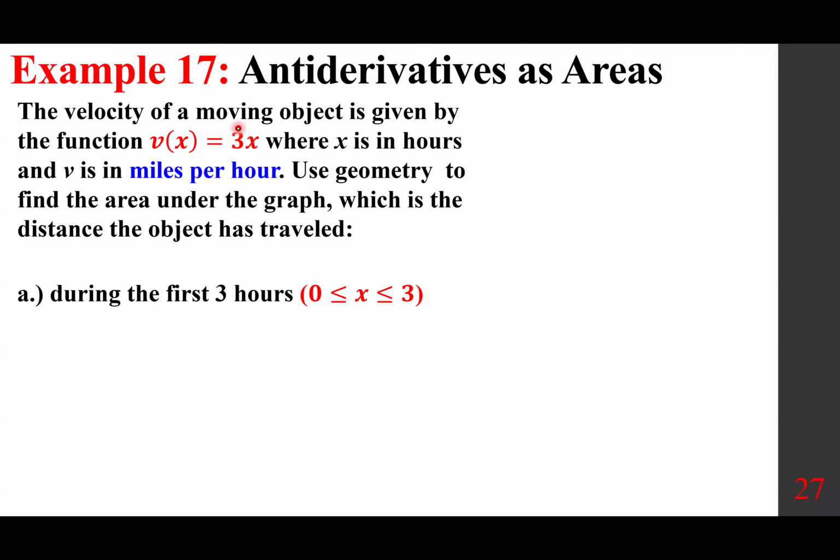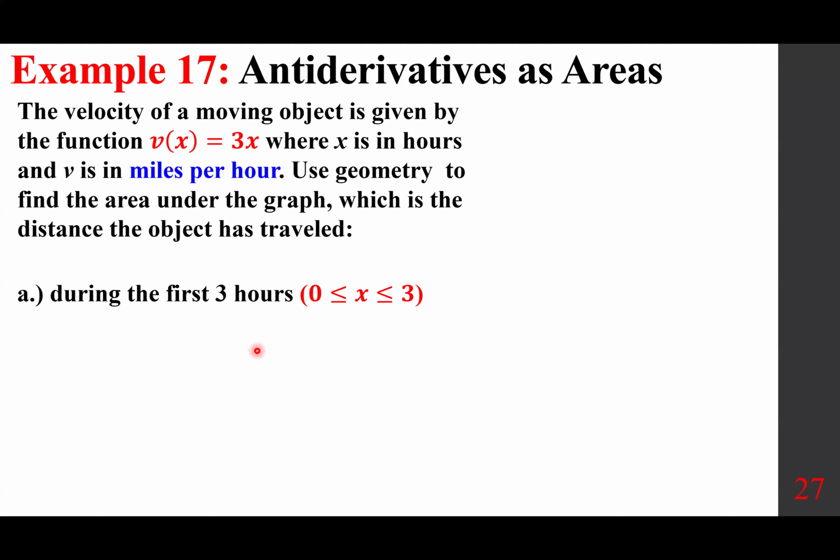The velocity of a moving object is given by the function v of x is 3x, where x is in hours and v is in miles per hour. Use geometry to find the area under the graph, which is the distance the object has traveled during the first 3 hours. Now, v of x equals 3x.